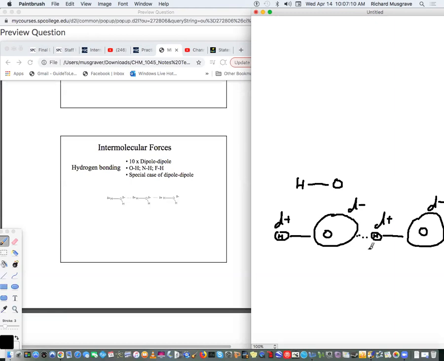Now, I'm not a real fan of the name of this. I think hydrogen bonding is an awful name for this particular intermolecular force, but this is what we're stuck with. It's the same force, if you've done any biology, that keeps DNA strands in the double helix. It's hydrogen bonding between the base pairs in DNA that allows them to stick together the way that they do.